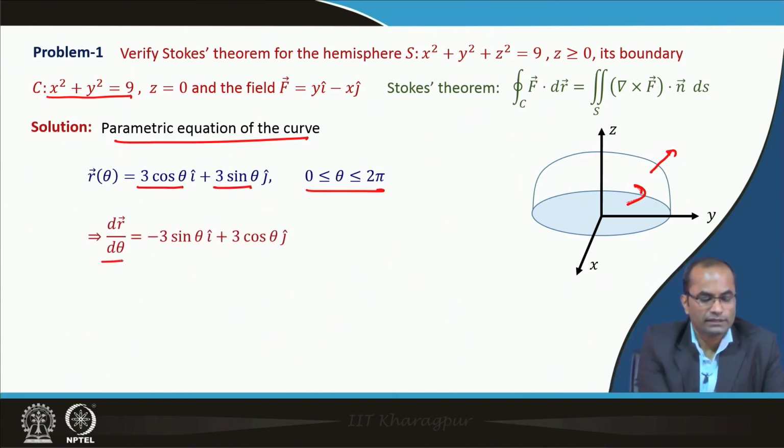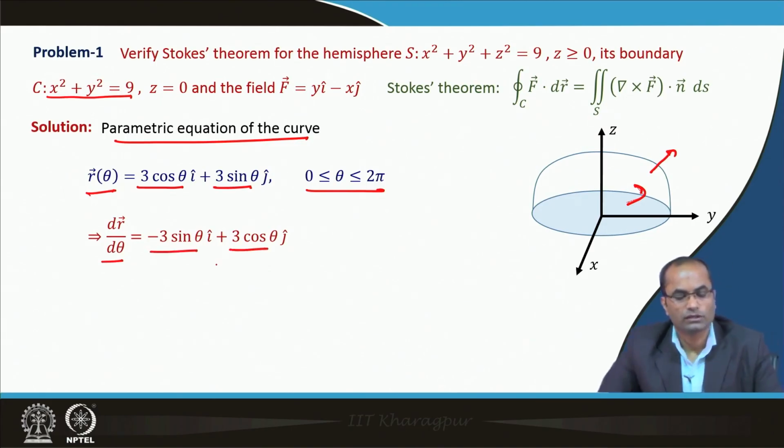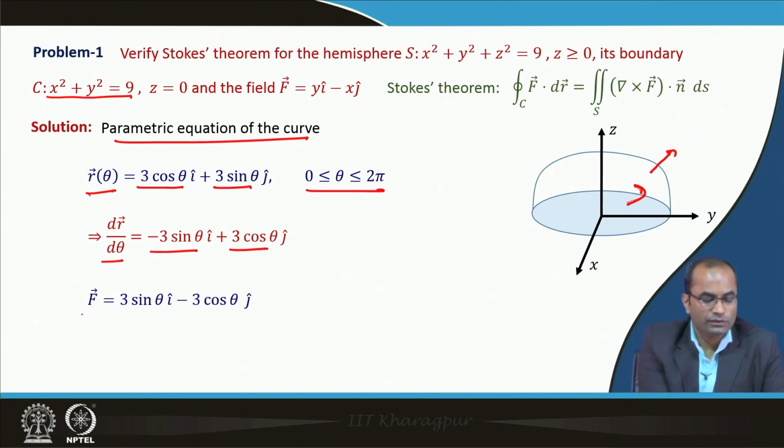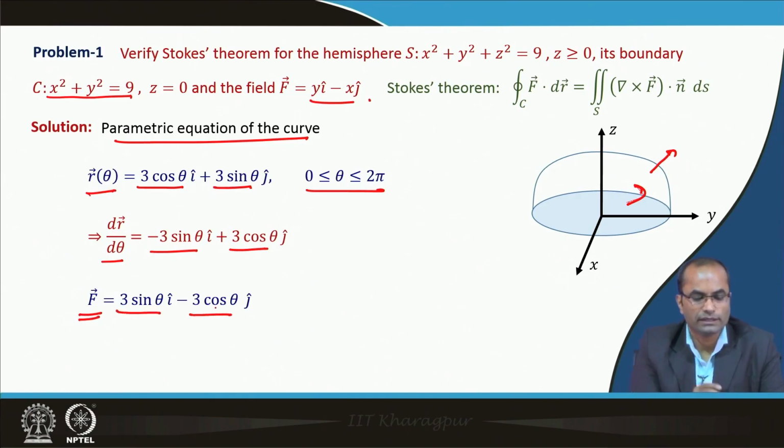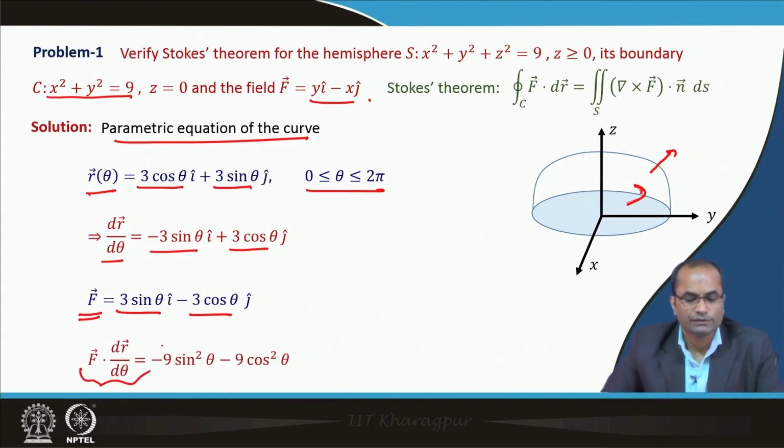We can compute dr by d theta out of this: minus 3 sin theta and then 3 cos theta. The f was given as y i minus x j, so y is 3 sin theta and x is 3 cos theta. We have substituted this parametric form into f, and then we need f dot dr for this curve integral.